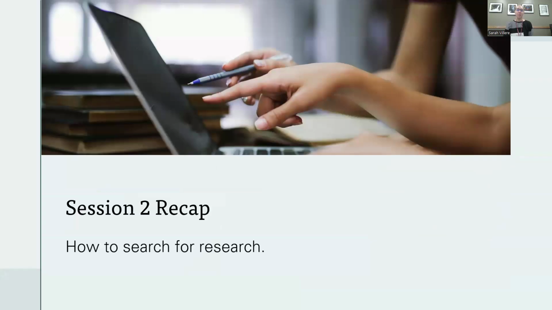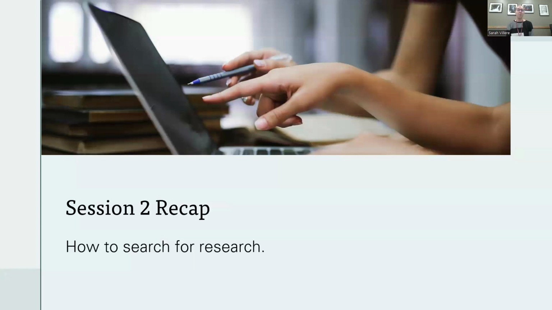So in session 2, we talked about that second step in the framework, acquire, which really means how to search for research. So we covered where to find information, meaning which resources to use for your search, how to build a search strategy. So really translating your research questions into search terms.